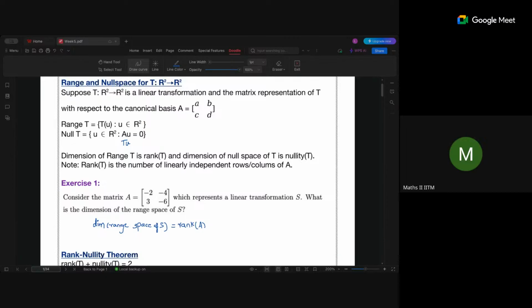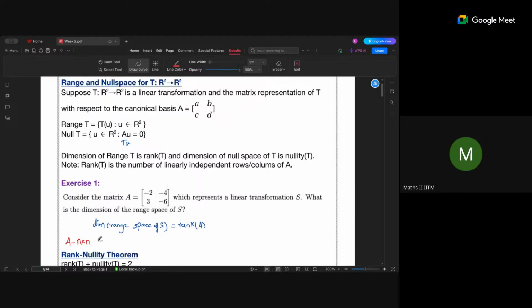Okay. So one quick check is: what is the relation between rank and determinant? Can anyone tell the relation between rank and determinant? Let us say A is an n cross n matrix.